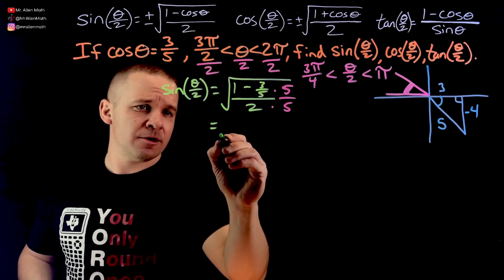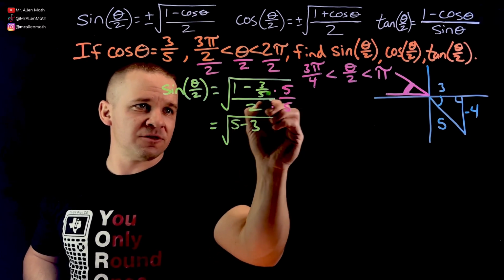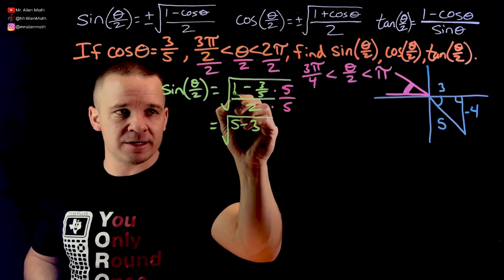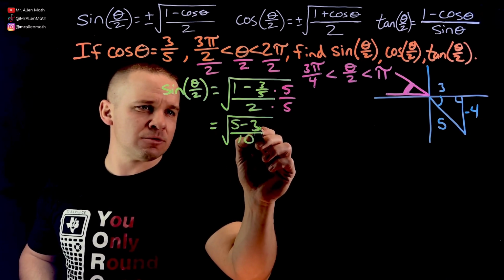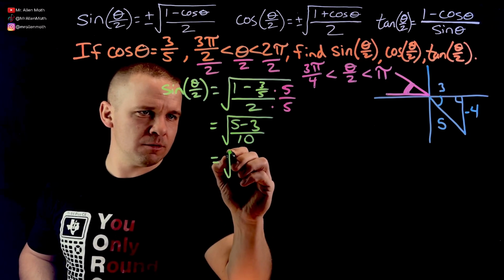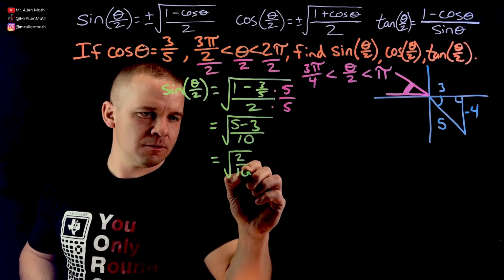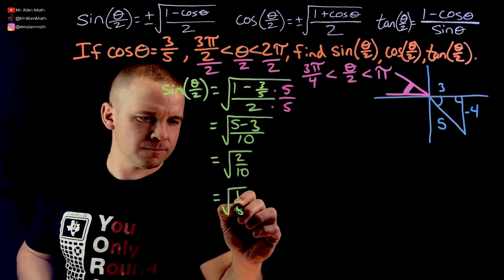Now I've got the square root of 5 minus 3, because this 5 and that 5 cancel, but this 5 multiplies that 1, all over 10. Now 5 minus 3 is 2, so we get the square root of 2 over 10, which is the square root of 1/5.